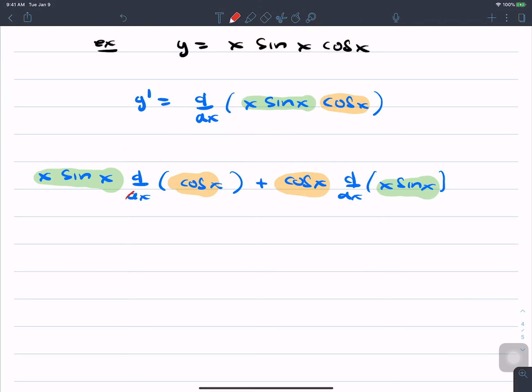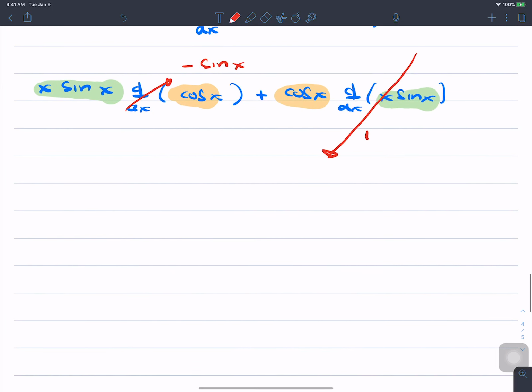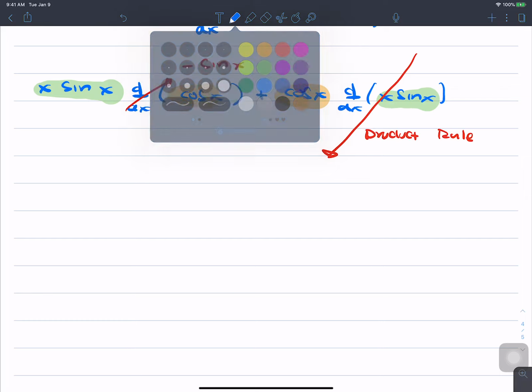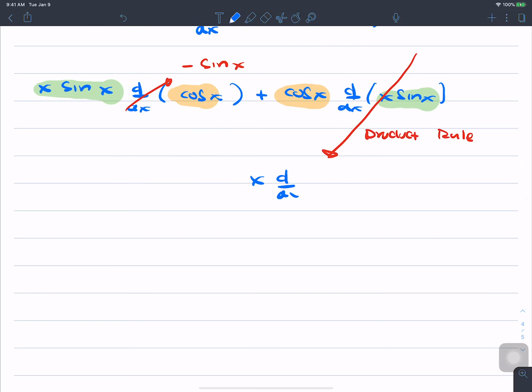Now, derivative of cosine is minus sine. Derivative of x sine x, again product rule: x times derivative of sine, plus sine times derivative of x. Derivative of sine is cosine, derivative of x is 1.